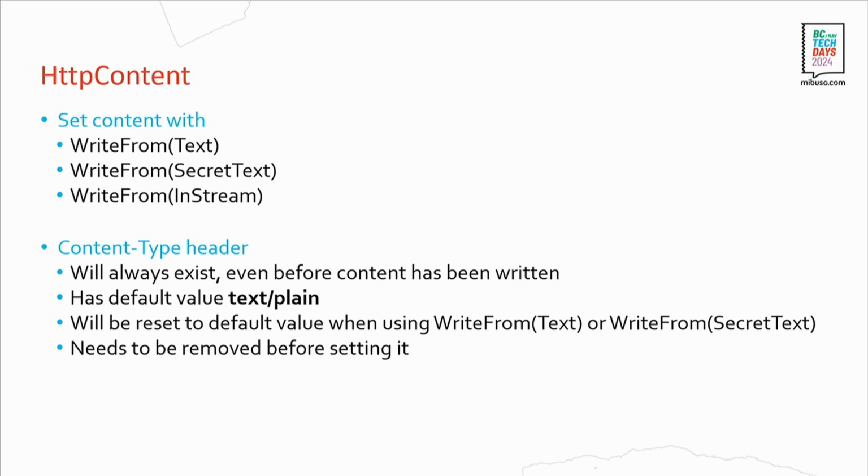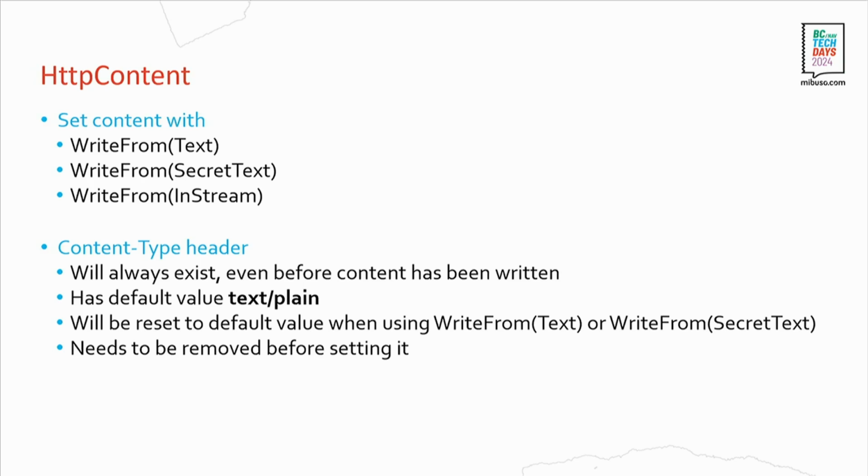Even if you changed it before the write from, it will be changed back to text plain. Meaning that you always need to set the content first and then set the header content type, not the other way around, because then you may be in trouble. So first do the write from, then set the content type.